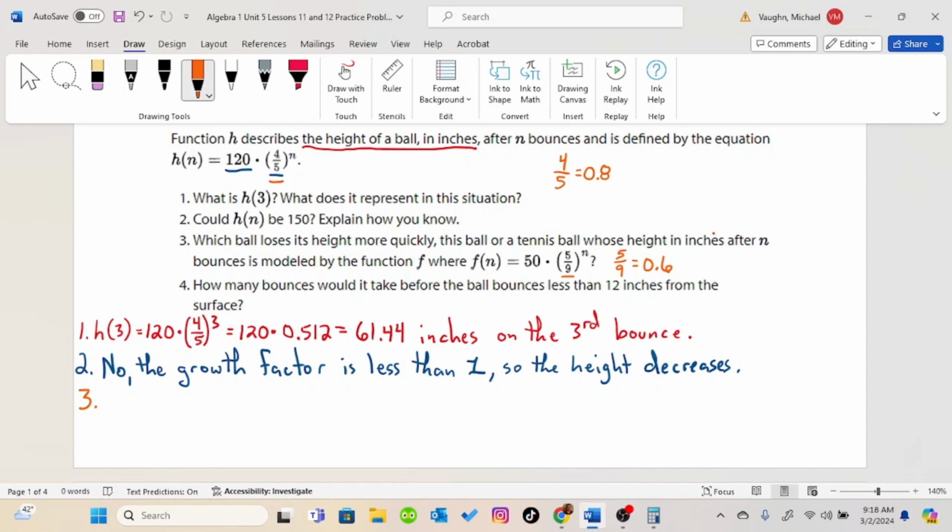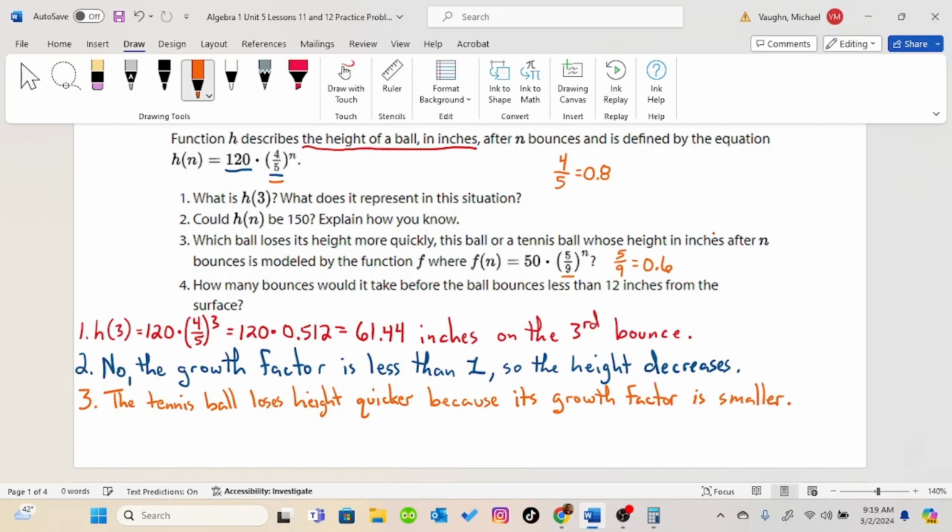The tennis ball loses height more quickly. So we would say the tennis ball loses height quicker because its growth factor is smaller.